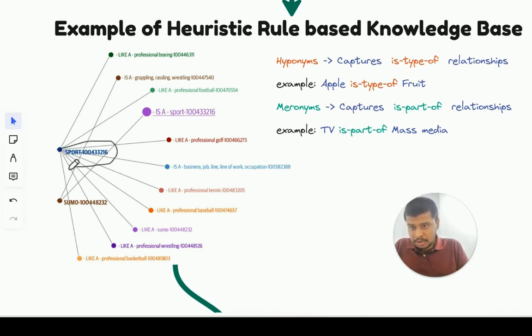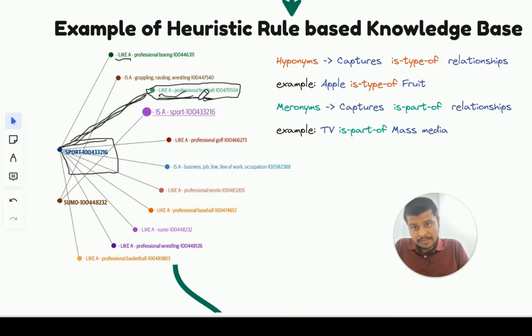For the word sport, this is just a network, a word network. What is WordNet? WordNet is actually the short form for word network, right? So we are seeing the network for just one word, that is sport. For this word sport, we have several relationships. One could be the "is like a" relationship that we are seeing here. This edge represents the "is like a" relationship, and this node represents another word.